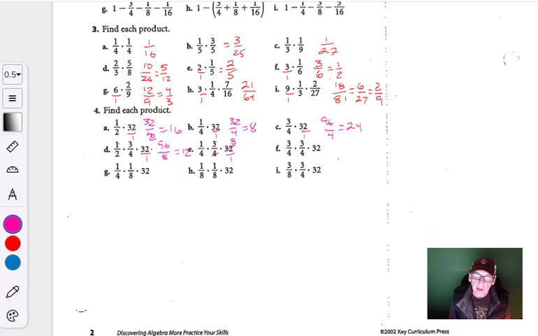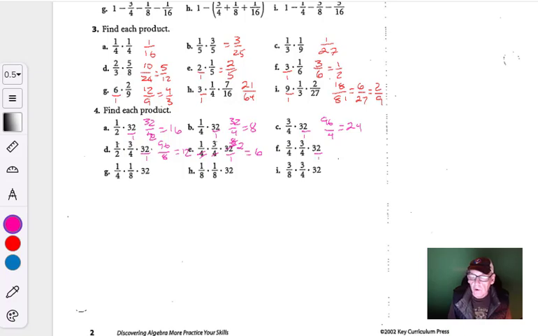That's going to leave me with an 8 up there. And then this other 4 here, I can take out of the 8. That's going to leave me with a 2. So I've simplified all my numbers by cross-canceling, and I end up with 3 times 2, which is 6. And we get 1s in the bottom. So if you did that the long way and simplified, you're going to end up with 6.